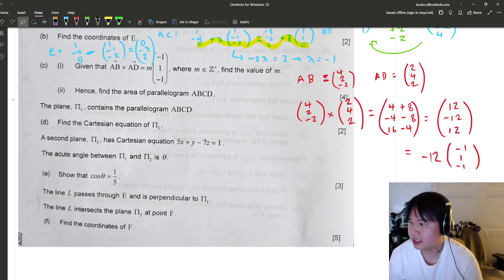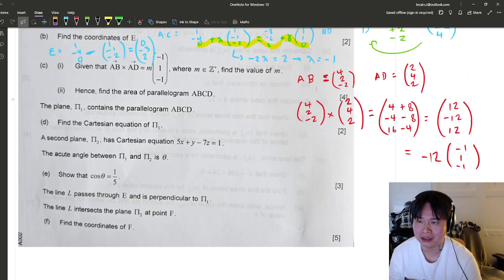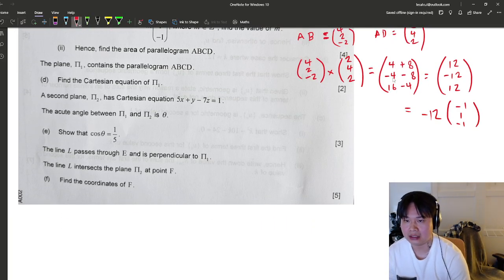Okay, and then hence find the area of the parallelogram ABCD. So this vector product, if you find the magnitude of it, that is the area of the parallelogram between the two vectors AB and AD. So let's see. We got 12.